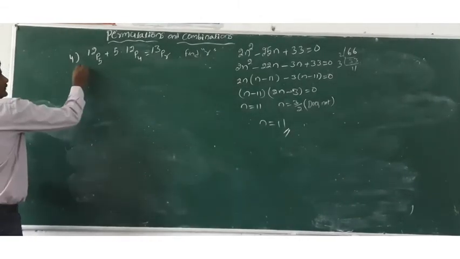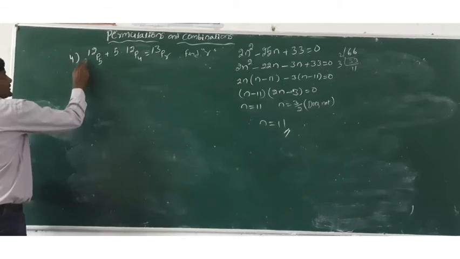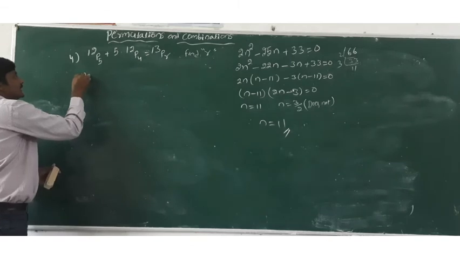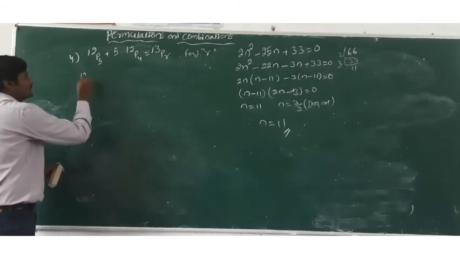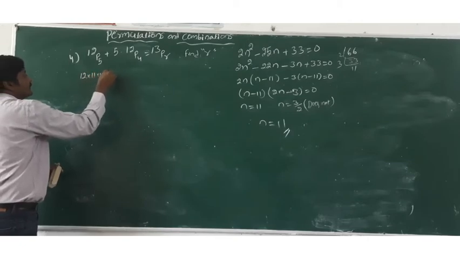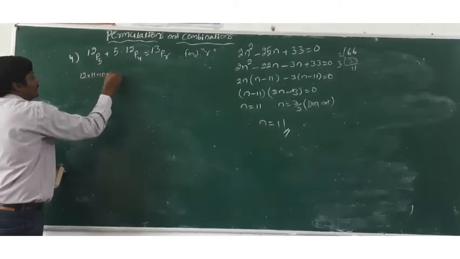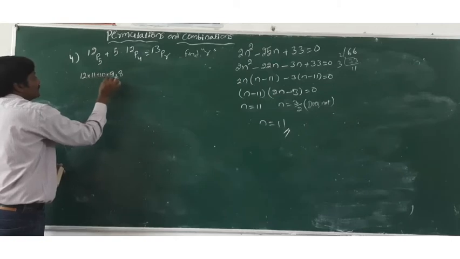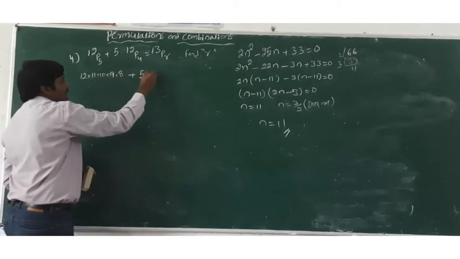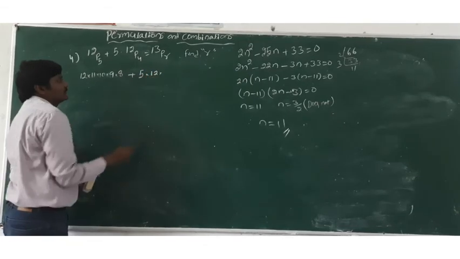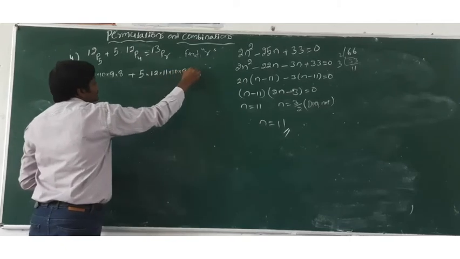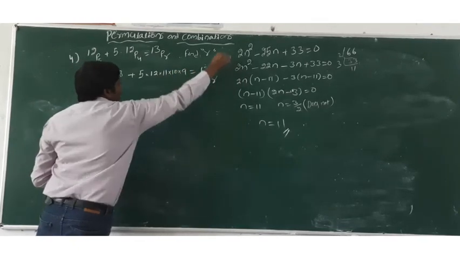Taking the LHS value: 12P5 means starting with 12, write down the 5 consecutive numbers: 12, 11, 10, 9, 8, plus 5 into 12P4, which means starting with 12, write down the 4 terms: 12, 11, 10, 9, is equal to 13Pr.